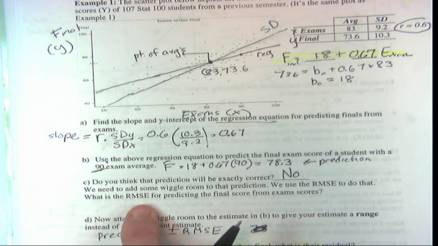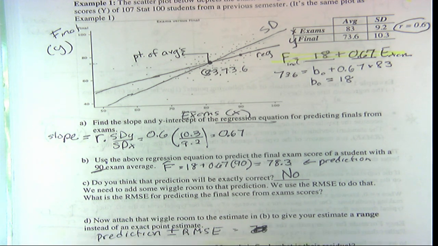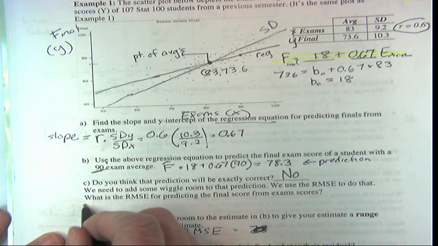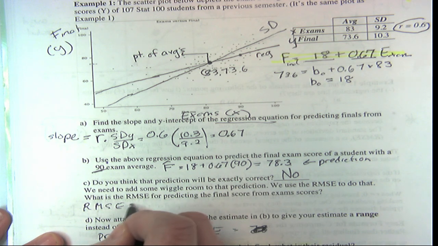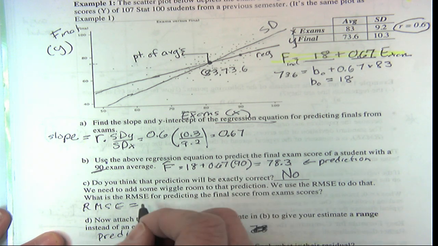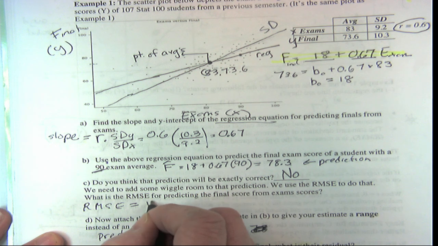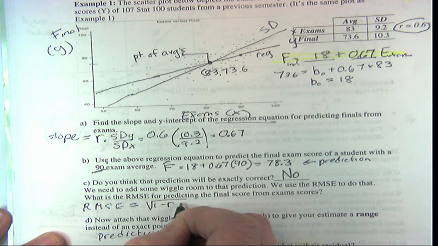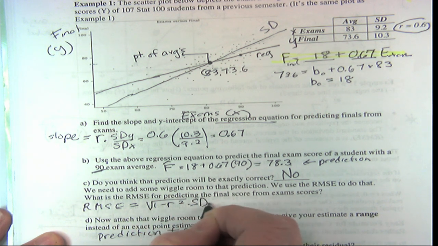So we have to compute this root mean square error for it. So how do we do that? The root mean square error is equal to what? You probably don't remember it. It's the square root of 1 minus r squared times the standard deviation of the y's.